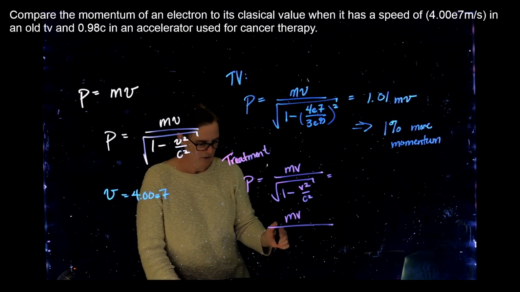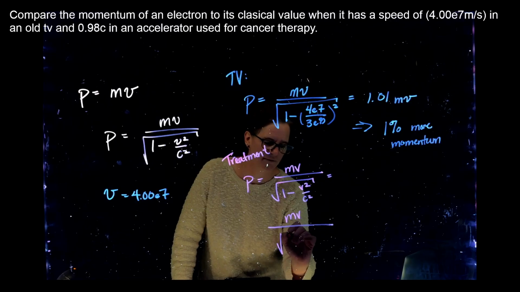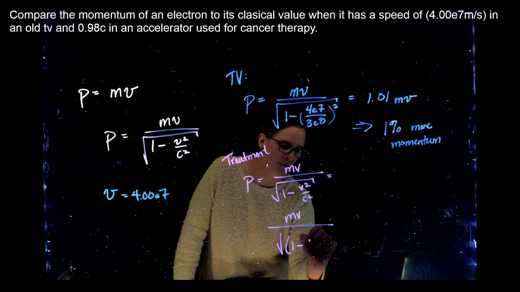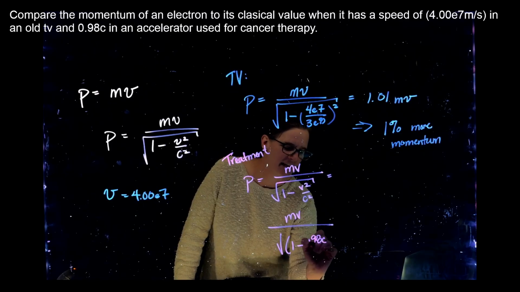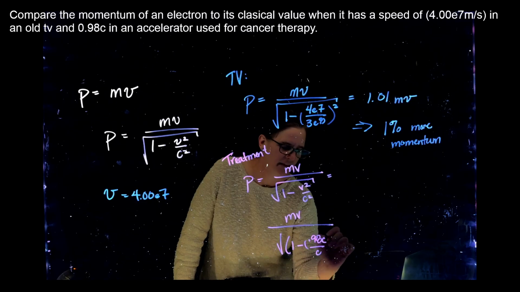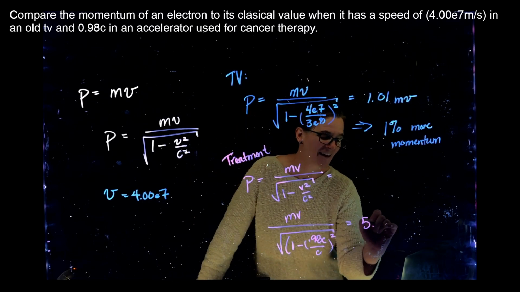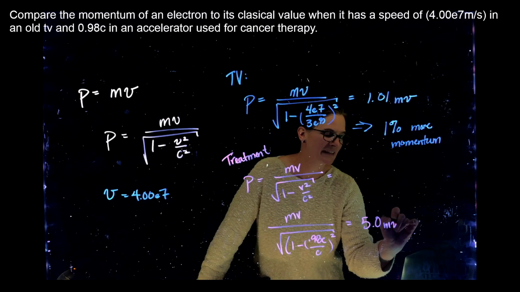So that's mv over the square root of 1 minus, and in this case, our object is moving at 0.98 c over c, and it's that whole quantity squared. And when we calculate that out, we get 5.0 times mv.